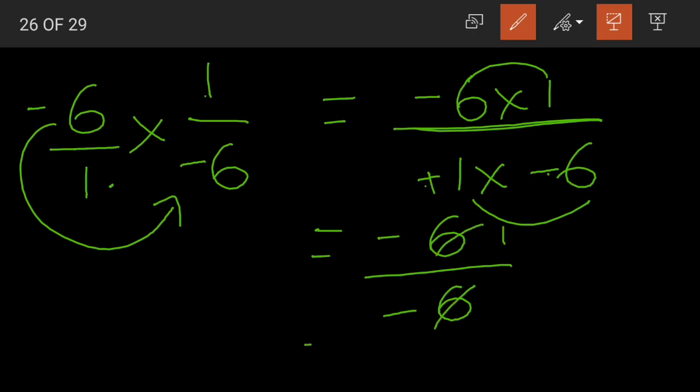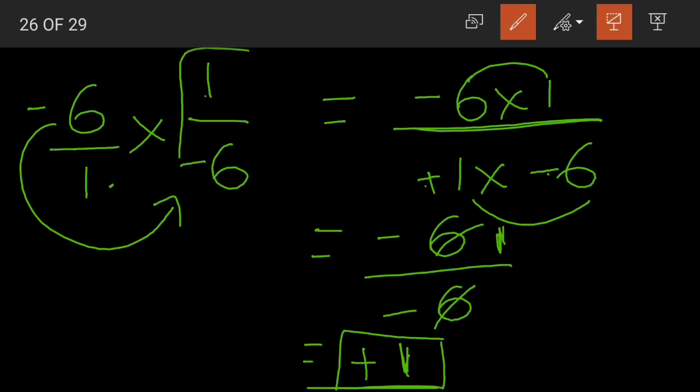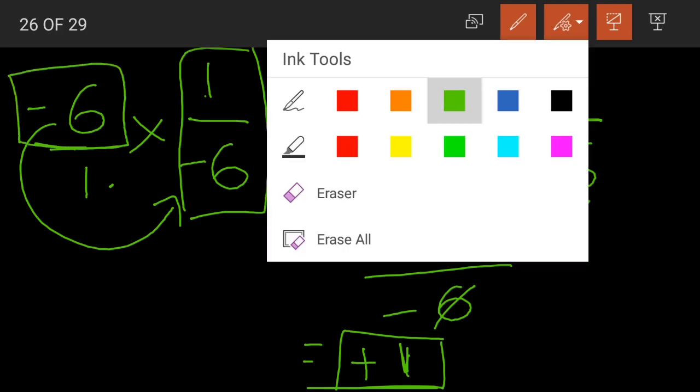Coming to the signs, both the signs are the same, so the answer will be positive. And the quotient here we got is 1. So, we can say that 1 by minus 6 is the multiplicative inverse of minus 6.